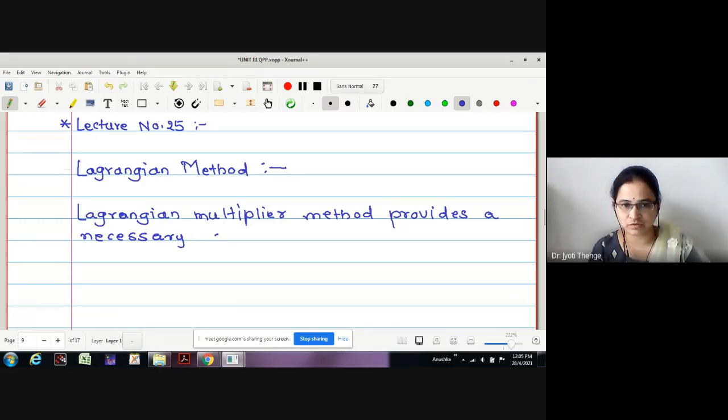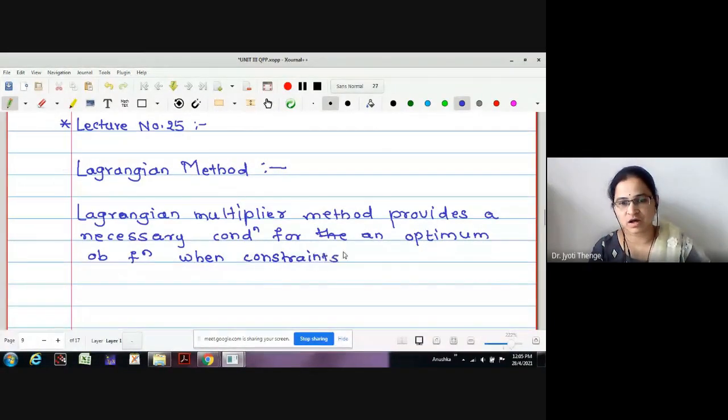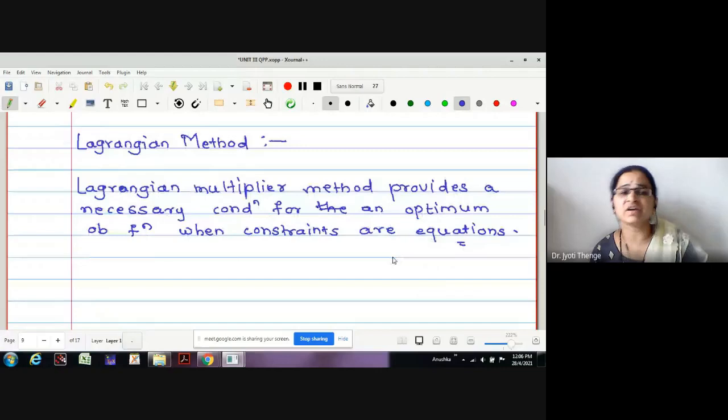Necessary condition for an optimum of the objective function when constraints are equations. Constraints are equations means those are not given in the form of inequality, or if they were given in the form of inequality, we can convert them to equations by adding suitable variables, as we have discussed already.